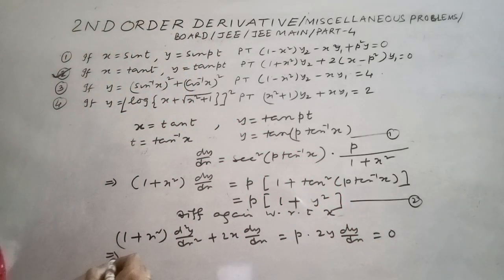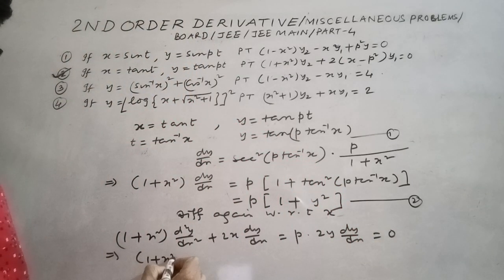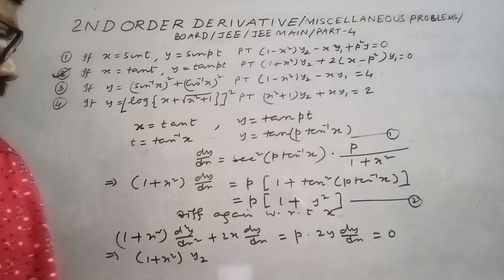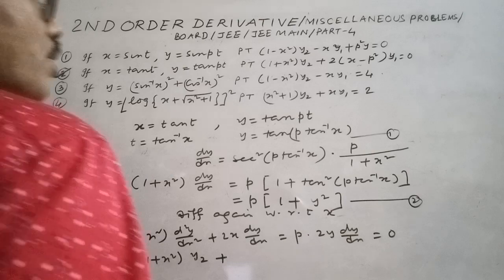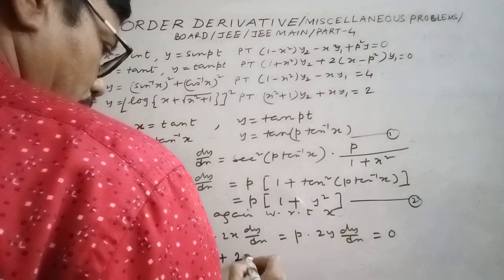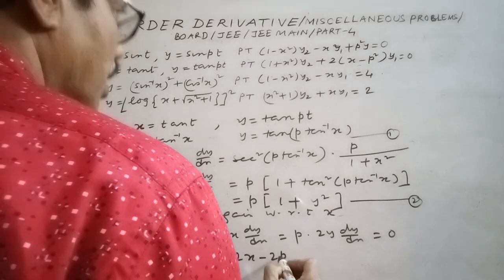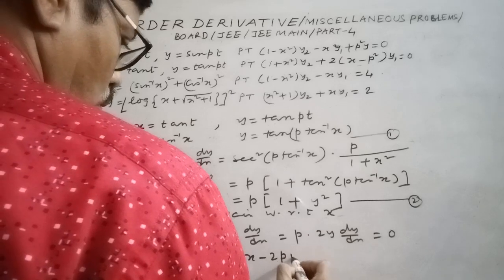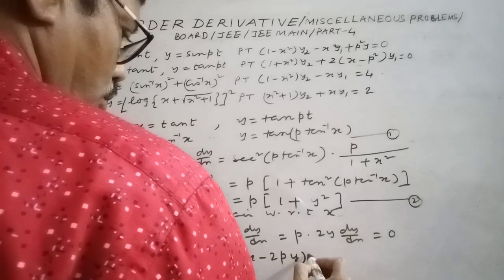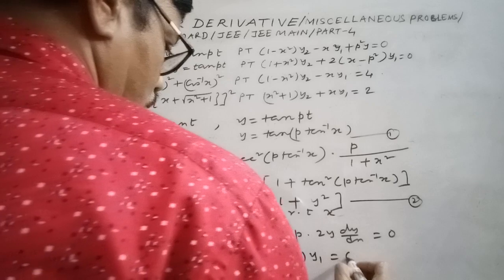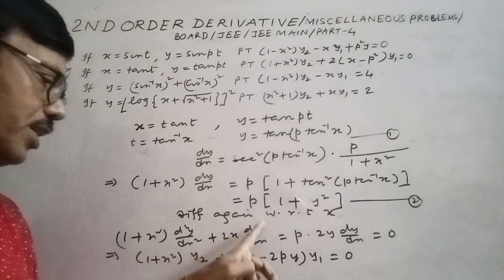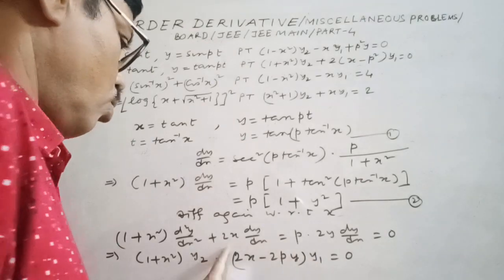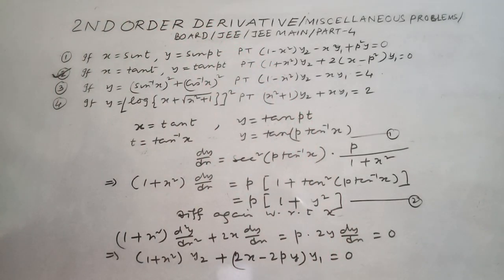So this implies (1 plus x square) y2 plus 2x minus 2y into y1 equals 0. The double derivative is y2, dy/dx is y1.